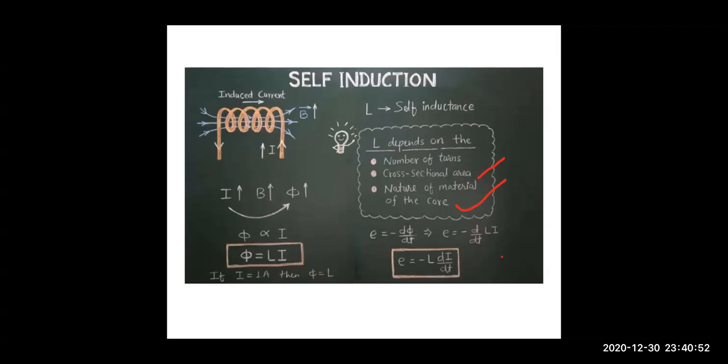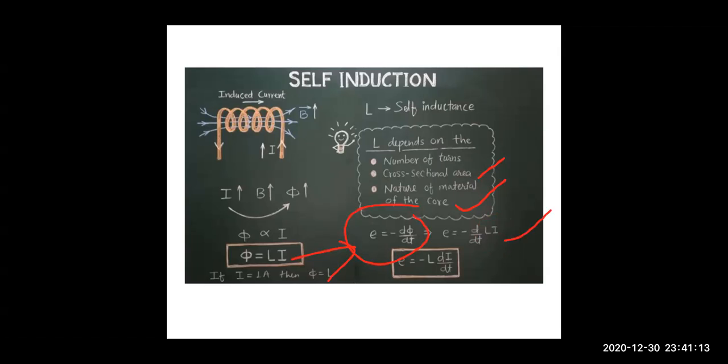Now what about the magnitude of the produced EMF? The magnitude of the induced EMF will be given by Faraday's second law, that is E equals minus d phi by dt. If we put the value of phi from here, we get E equals minus d by dt of Li.